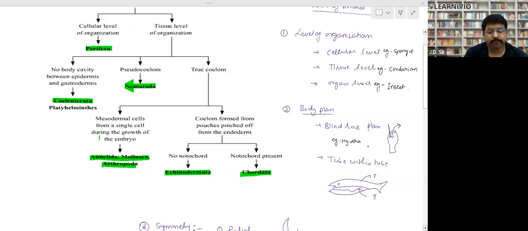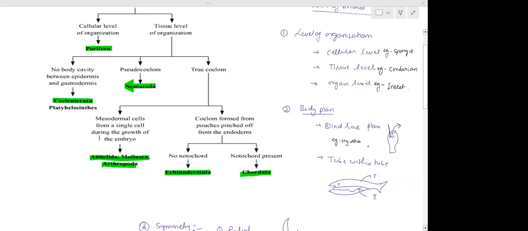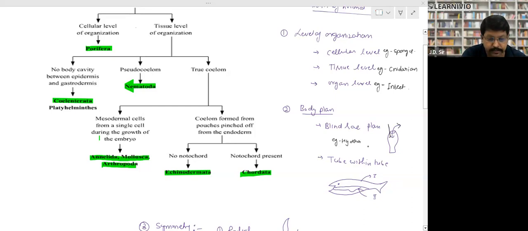One formed by body wall and second formed by digestive tract. So we draw this flow chart and then after that, you need to draw this fish diagram for the tube within tube plan.